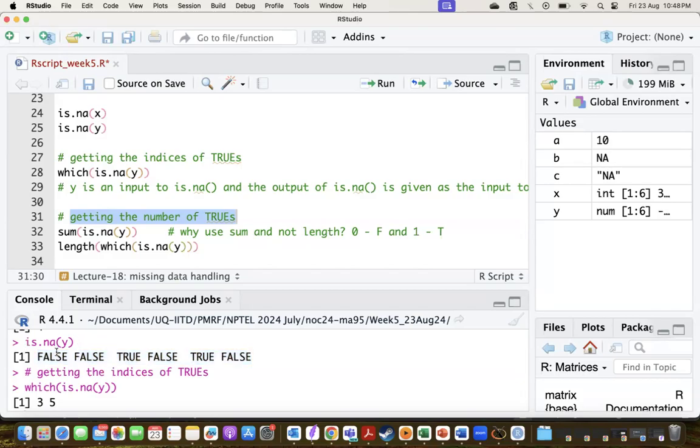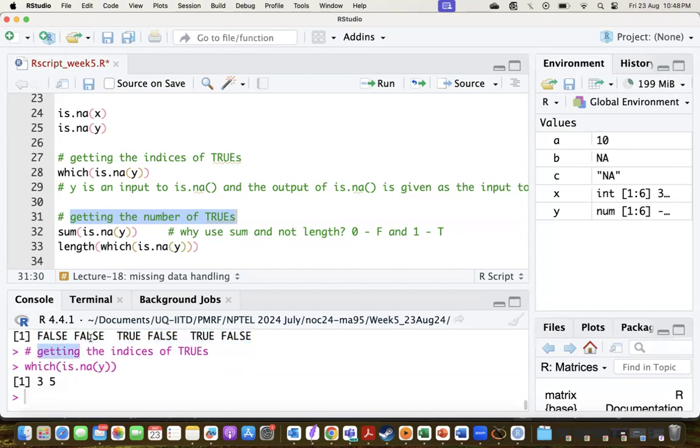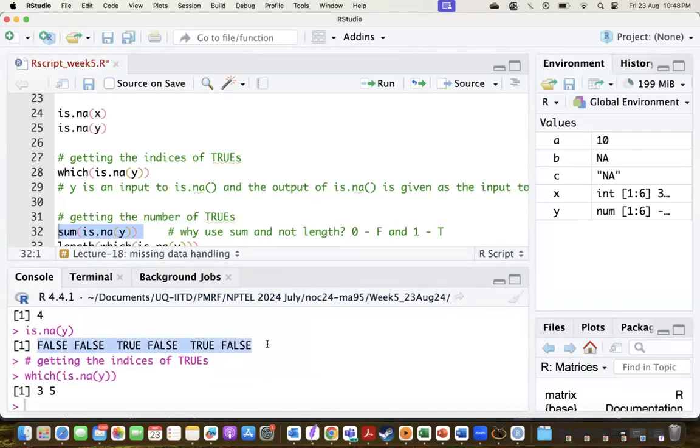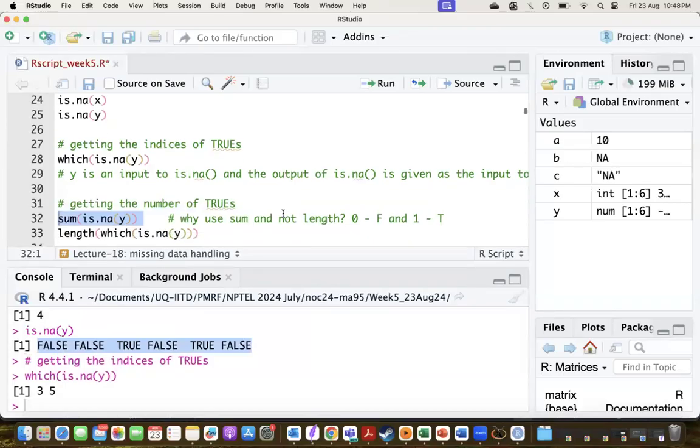So this vector of 6 elements can be thought of as 0, 0, 1, 0, 1, 0. If I sum this up, I'll get 2 here, right?